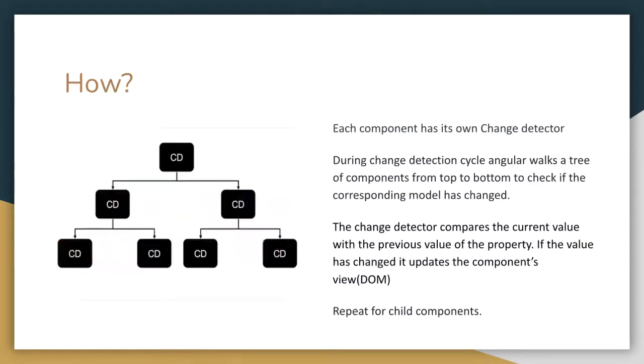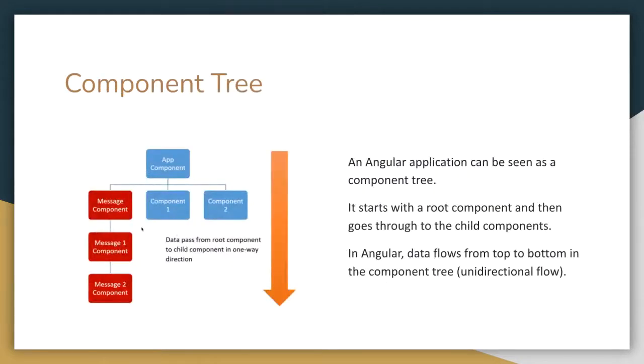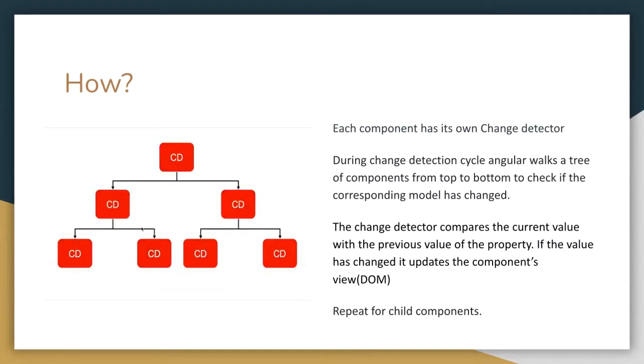Now, how does it happen? Every component has an associated change detector, which basically detects a change in a component. If an async event is triggered, then this change detector comes into play.